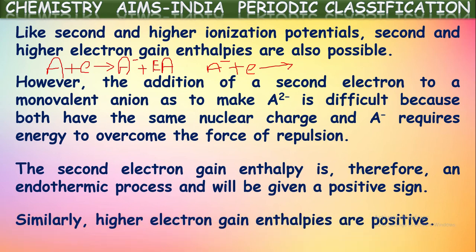Not only the second enthalpy, similarly, higher electron gain enthalpies are also positive, meaning those are also endothermic processes. Right? Only the first electron gain enthalpy is negative, that means it is exothermic, it releases energy. In all the remaining higher electron affinities, energy is absorbed instead of released.